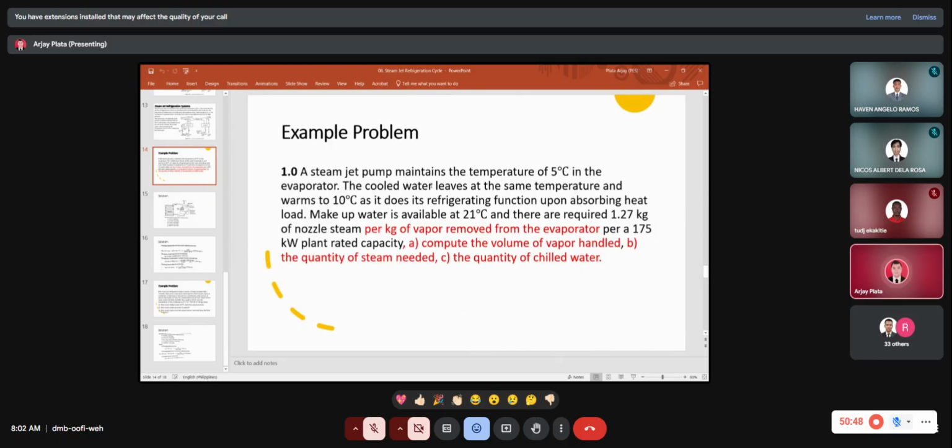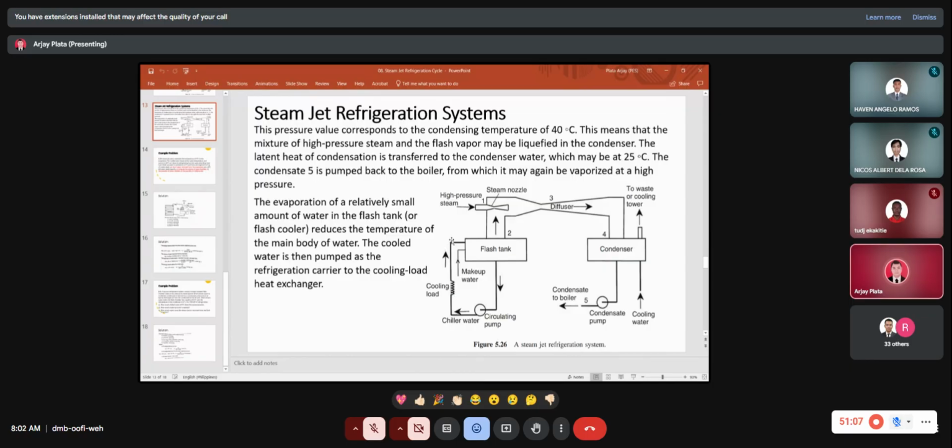So the cold water leaves at that temperature and warms to 10 degrees in its refrigerating function upon absorbing heat load. So makeup water is available at 21 degrees. The purpose of the makeup water is to maintain the required volume here at the flash tank.